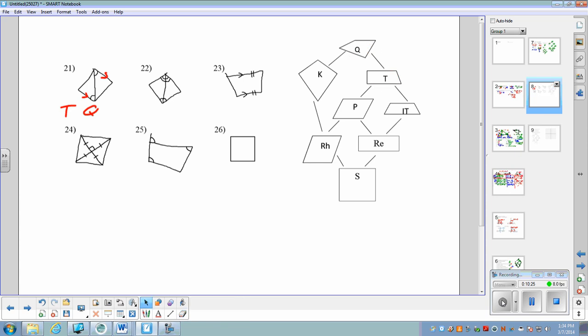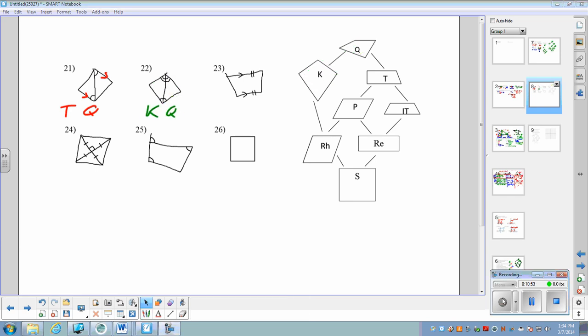So ask yourself, can you prove these triangles are congruent? And the answer should be yes, because of angle, side, angle. And if the triangles are congruent, that means that these sides are congruent and these sides are congruent. And look, adjacent sides are congruent. That's a kite and therefore also a quadrilateral.